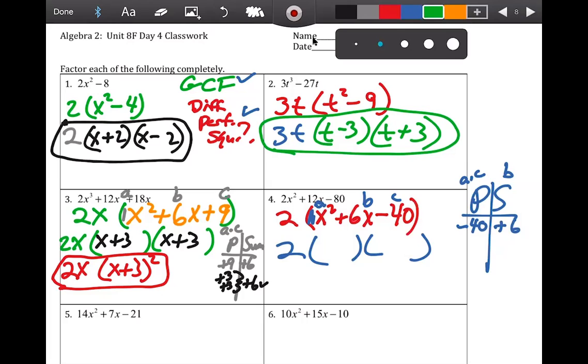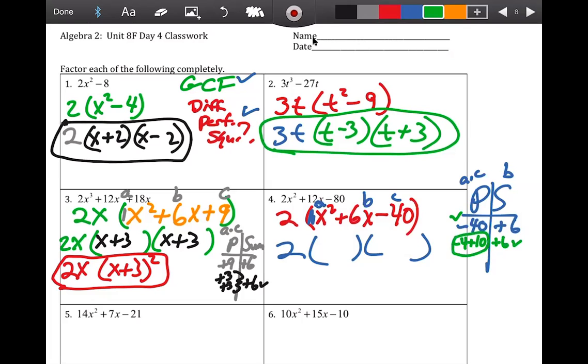I did. I got negative 4 plus 10. Is that right? Negative 4 times positive 10 is negative 40, so the product is good. Negative 4 plus 10 is plus 6, so the sum is good. So we're going to write it just like that: x minus 4, x plus 10.